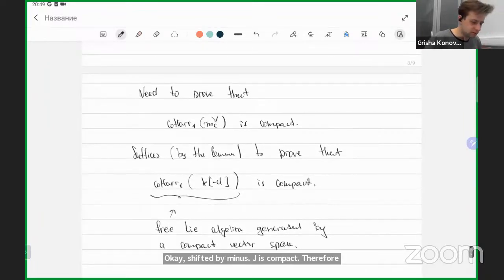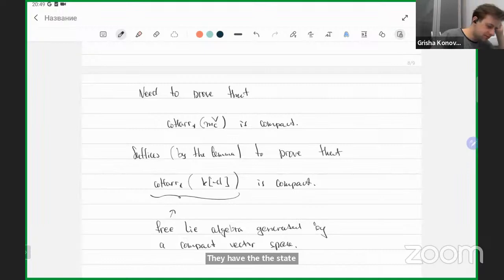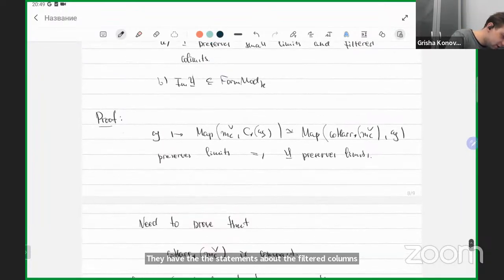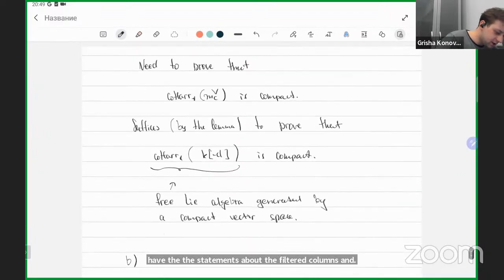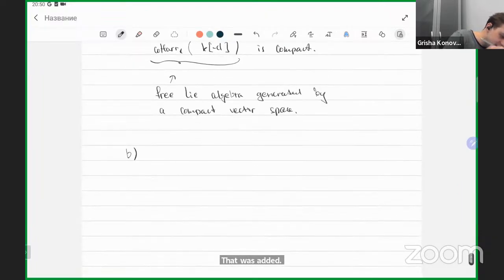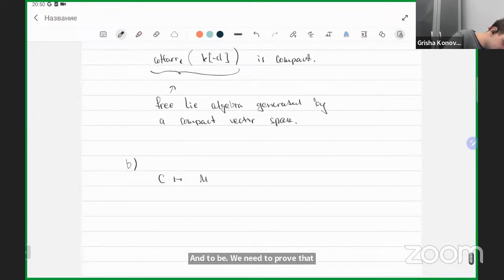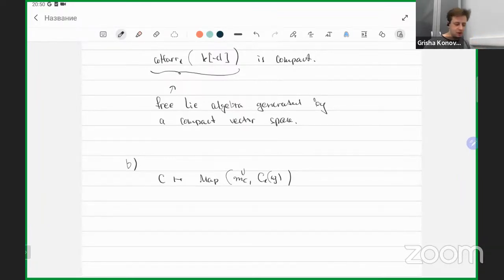Therefore, we have the statement about the filtered colimits, and that was A. And B, we need to prove that this is a formal moduli problem.